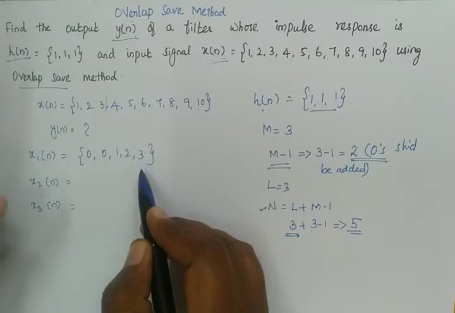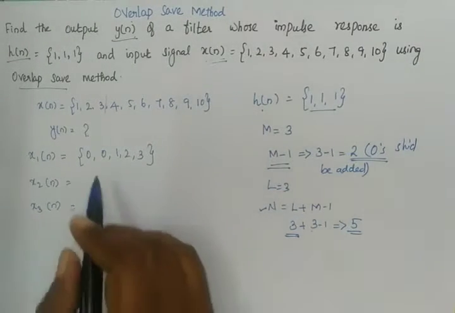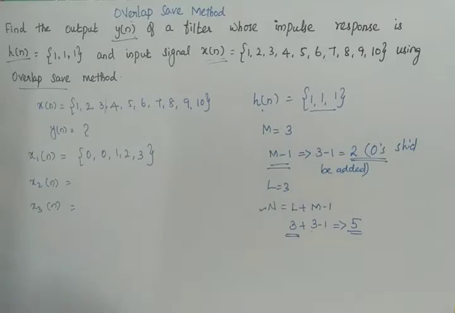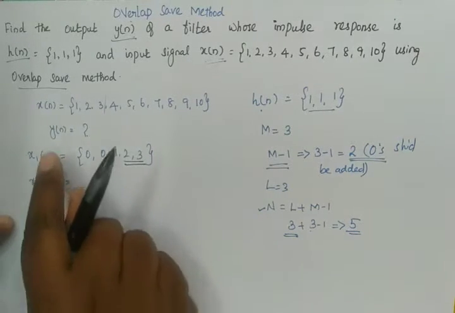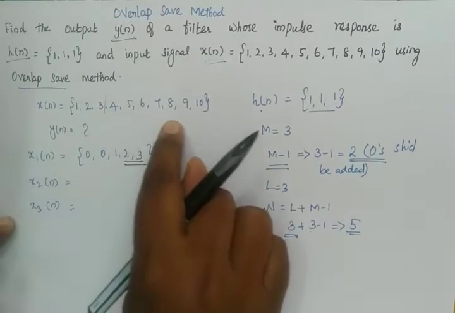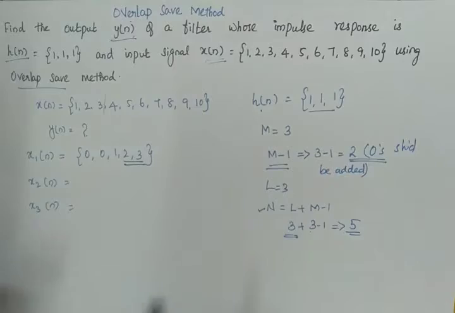And in what way does this differ from the previous one? Listen, here we have 2, 3 in the last. In the overlap add method, we used to write 1, 2, 3, 0, 0, 4, 5, 6, 0, 0, and so on.